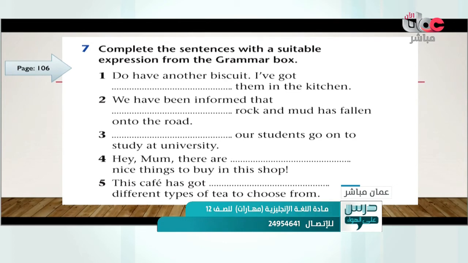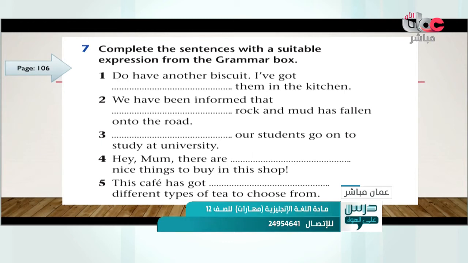Have a look at the first one. I need all of the students to read and think carefully before they answer, and they should choose the appropriate answer. Here you have to look at the noun, if it is countable or uncountable. Look at number one. Do have another biscuit? I have got lots of them in the kitchen.